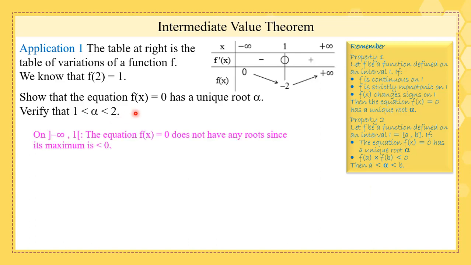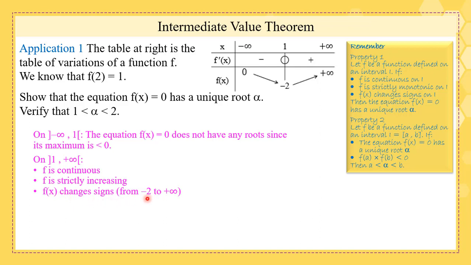Let's see the answer. Well, on the interval -infinity 1, we can see that the equation f of x equals 0 doesn't have any roots since its maximum is less than 0. This is its maximum, and remember here that 0 is not attained. On the interval 1 plus infinity, we can see that f is continuous, f is strictly increasing, and f of x changes signs from -2 to plus infinity.